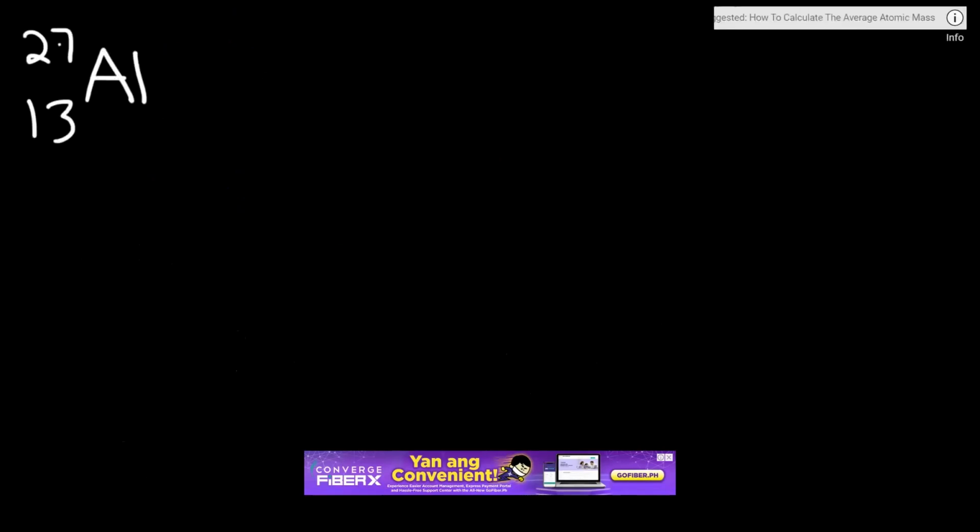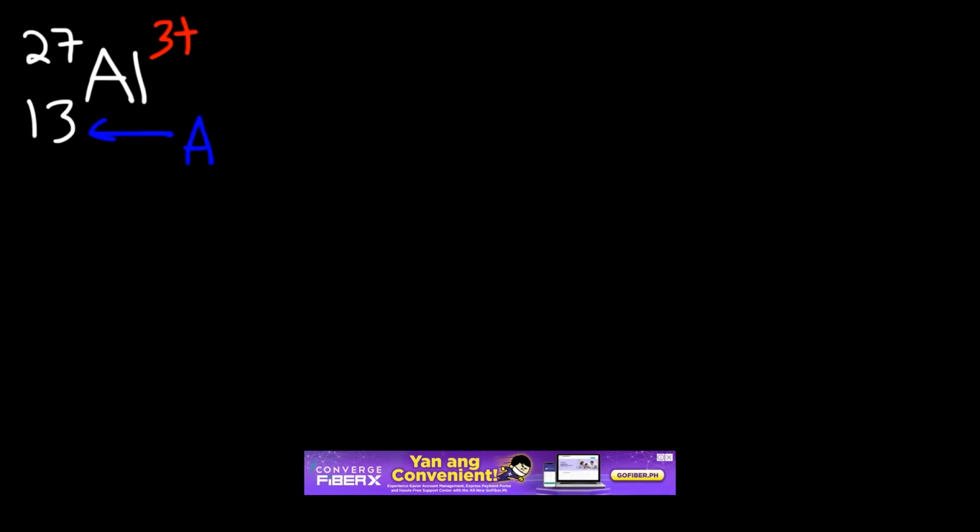Now let's consider another example. Aluminum 27 with a 3+ charge. So here we have an ion. Go ahead and calculate the number of protons, neutrons, and electrons in this ion. So we can see that the atomic number is 13 and the mass number is 27.